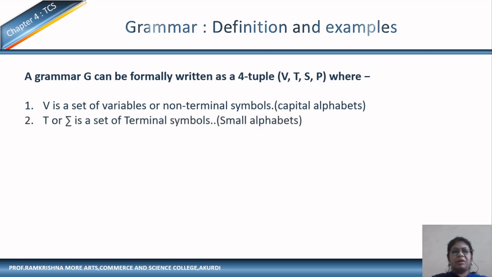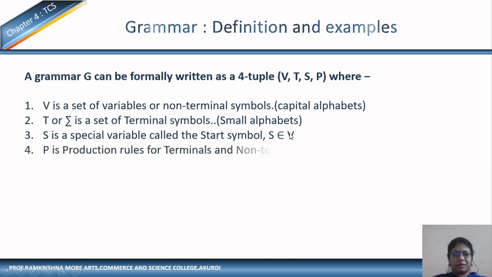Secondly, T or sigma is a set of terminal symbols. All the terminal symbols are specified by small letters in a given grammar, so every symbol in the set T is a small alphabet. Third is S. S is a special variable called the starting symbol, and S belongs to V. So S must be from the set V, that is a capital letter.